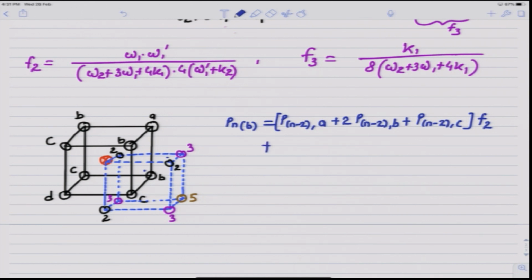If we consider this type 2 site, again after n minus 2 jumps, the vacancy should have been on either these 2 B sites or on this A site or on this C site.